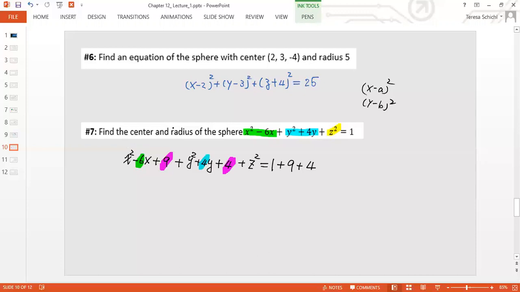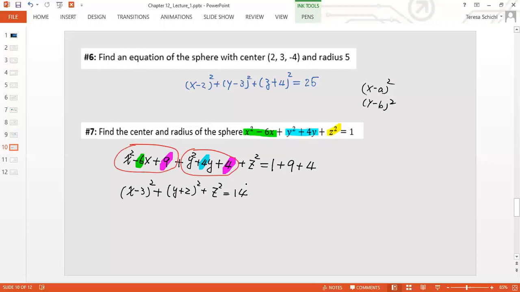Okay, so now this is good, right? This is a complete square for x, and this is a complete square for y. Now you can write x minus 3 squared plus y plus 2 squared plus z squared equal to 14 here.